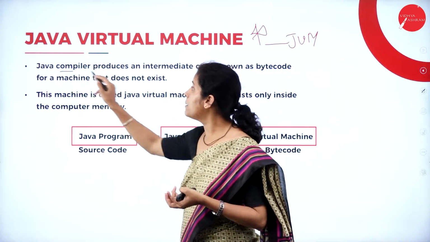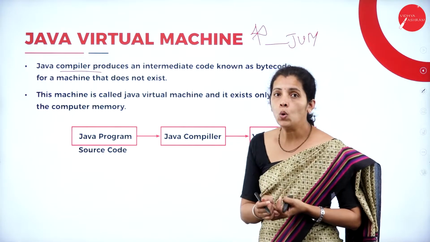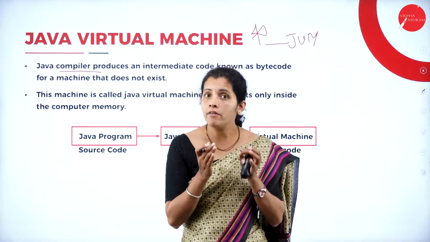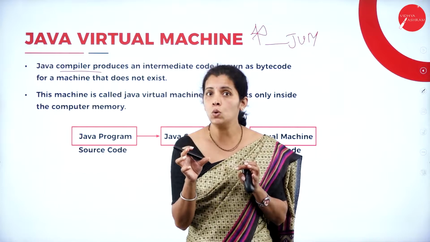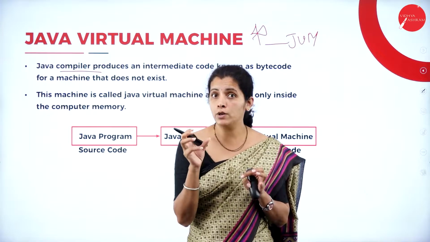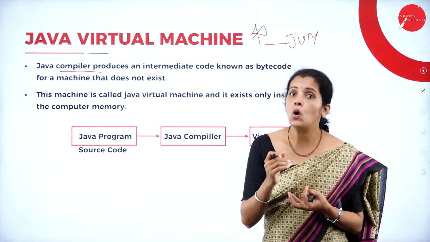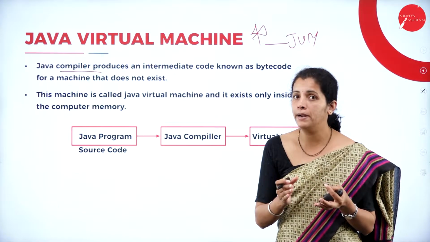Now, the Java compiler produces an intermediate code. Dear student, as we know, the Java compiler generates intermediate code and it is called bytecode. Because of this bytecode, Java is called platform neutral or platform independent.